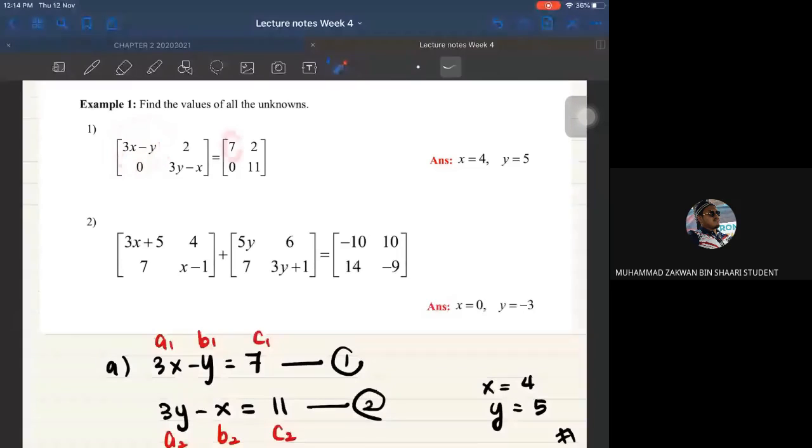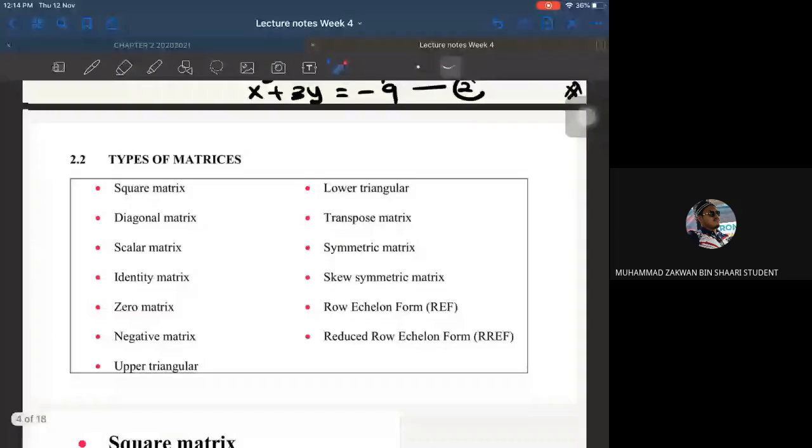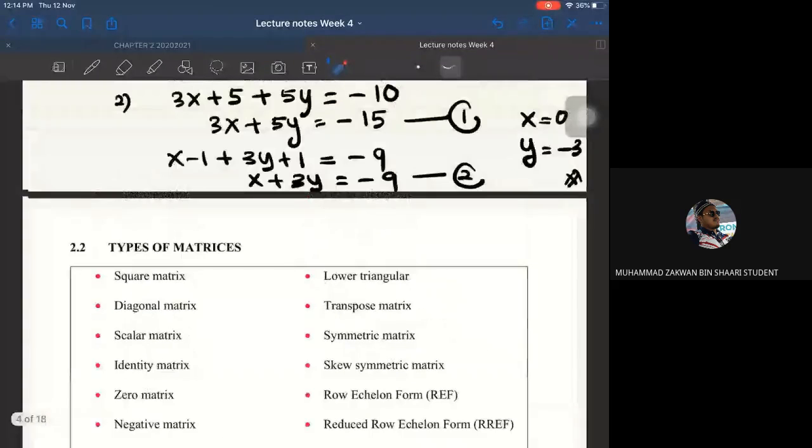Okay, when you substitute the value of y and x here, you will have 11. Okay, that's how you check whether the value of x and y yang you cari tu betul ke salah.